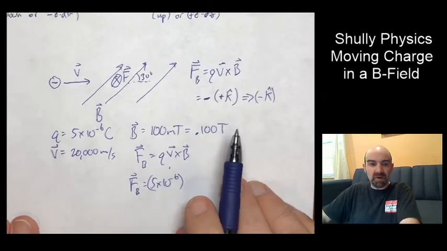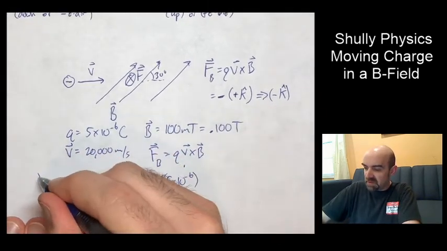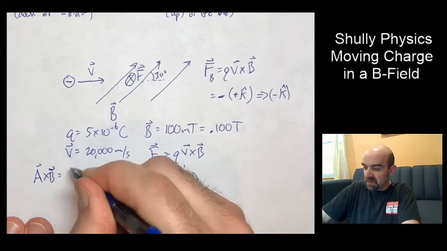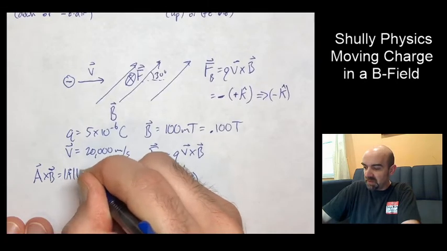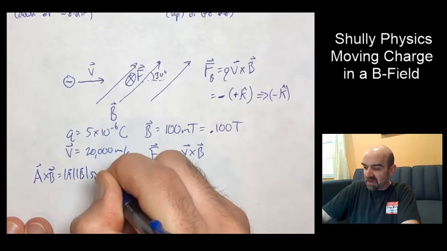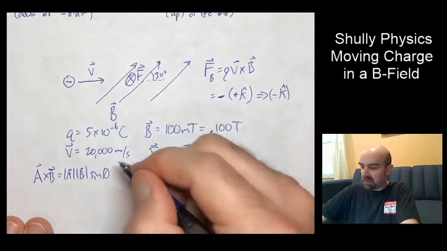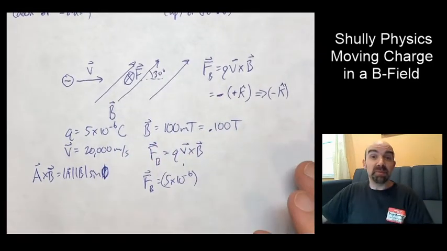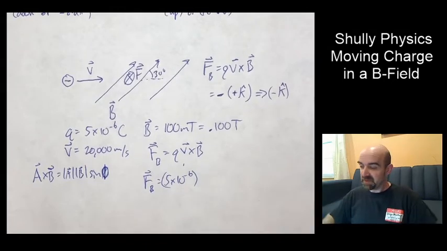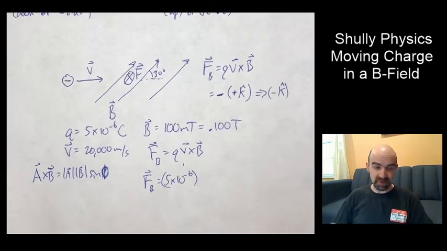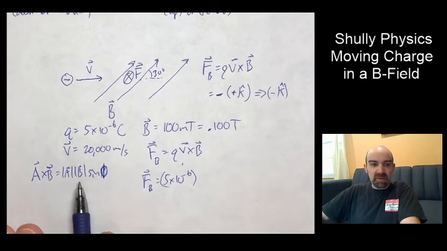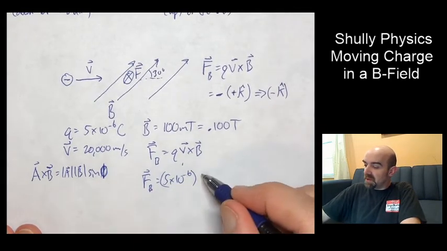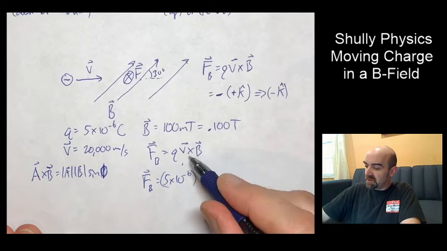You might recall that the definition of a cross product, A cross B, of two vectors, is the magnitude of A times the magnitude of B times the sine of the angle between them. We should make that a phi or theta, they're both acceptable. So AB sine theta, or phi, is the definition of the cross product.